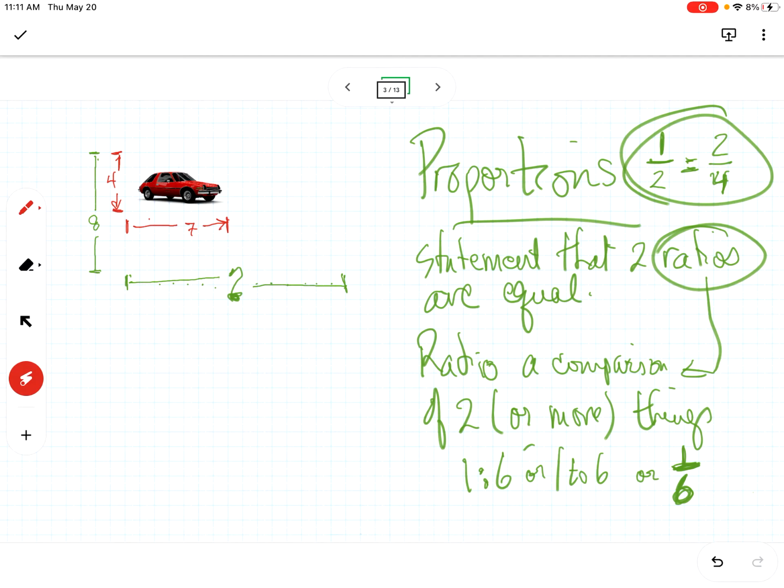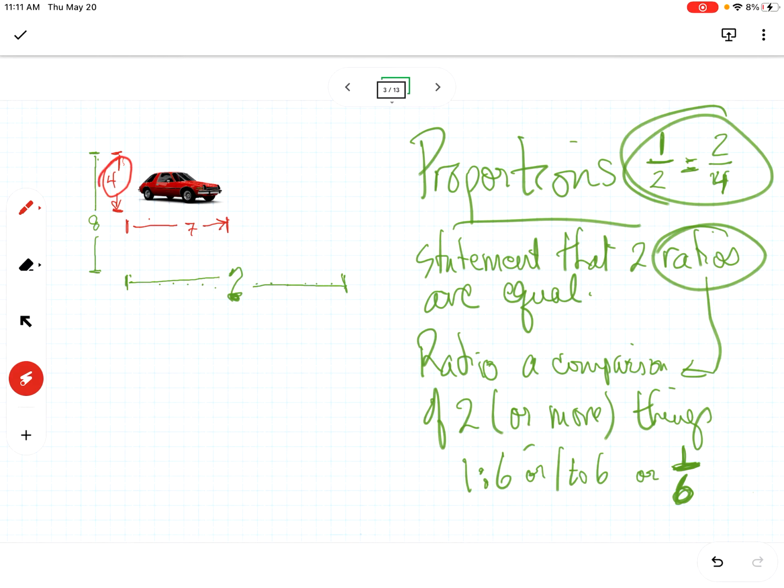Here's the problem. I have a picture of an AMC Pacer, also known as the fishbowl on wheels. It has a height of 4 boxes and a width of 7 boxes. I'm counting boxes as being the graph paper grid on the screen. I want to stretch and increase the size of that photo.